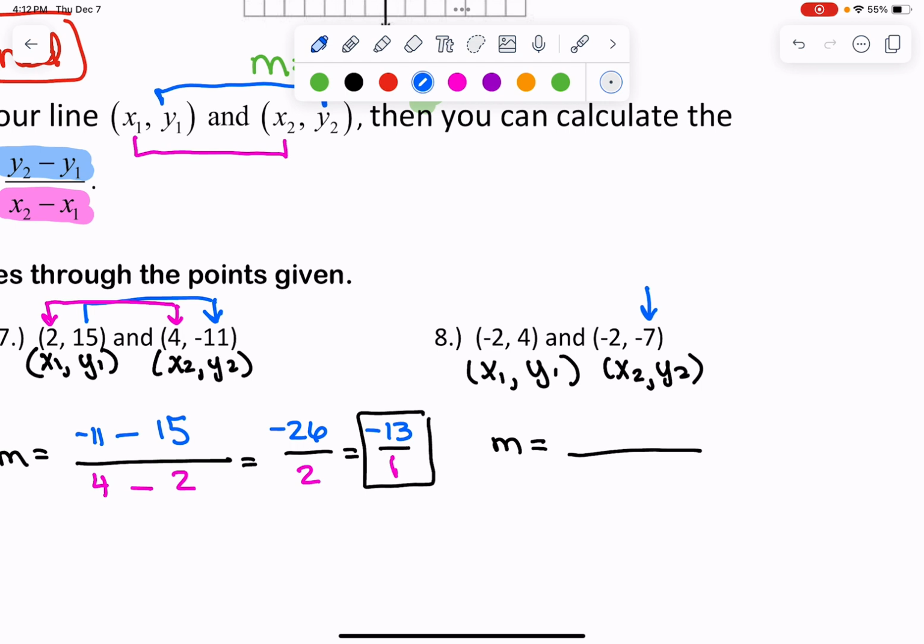So we're going to take y2, negative 7, minus my first y, which is 4. Now on the bottom, we're going to start with our x sub 2, negative 2, and we're going to subtract a negative 2.